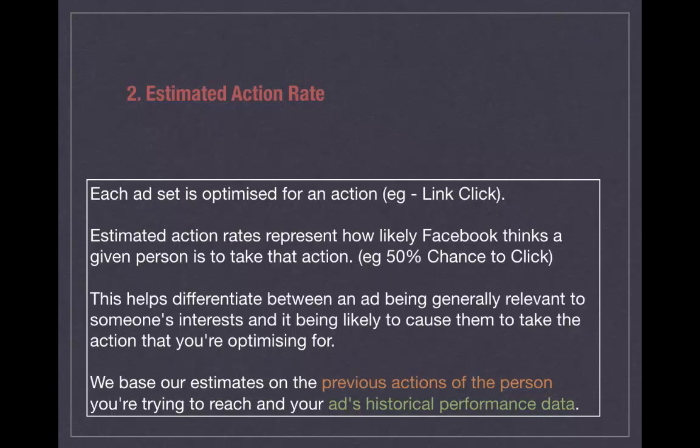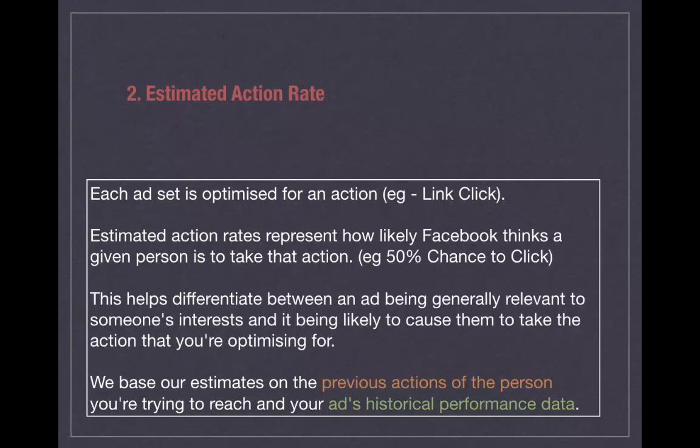Now second, which is very important as part of the Facebook algorithm, is that each ad set is optimized for action. First, you need to understand the estimated action rate, which I'm going to explain. Each ad set is optimized for an action, like you want link clicks, or you want leads, or conversions.